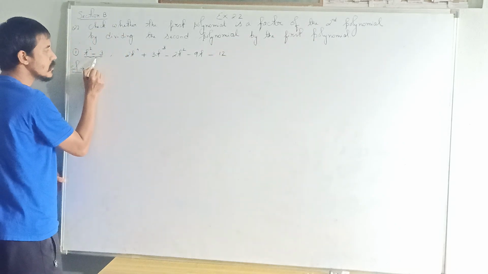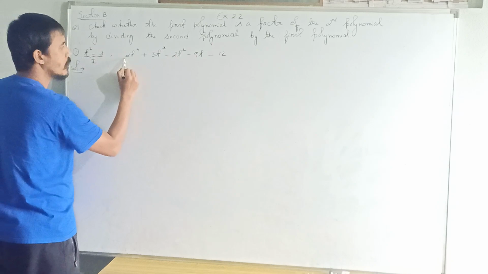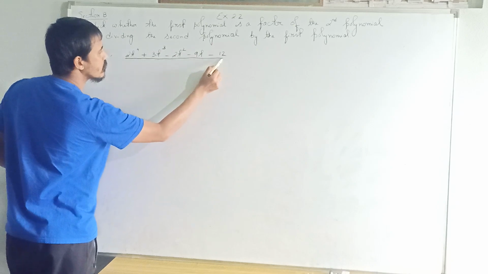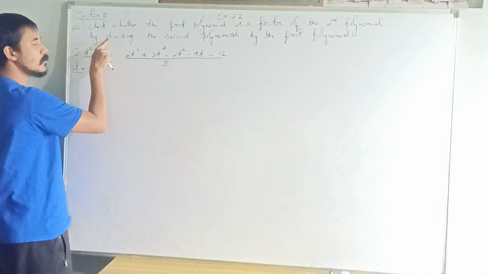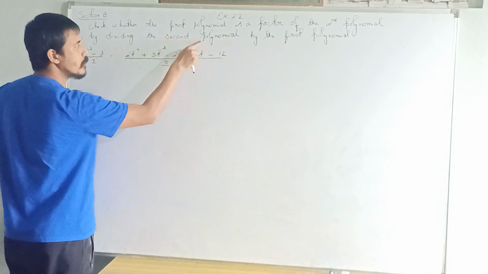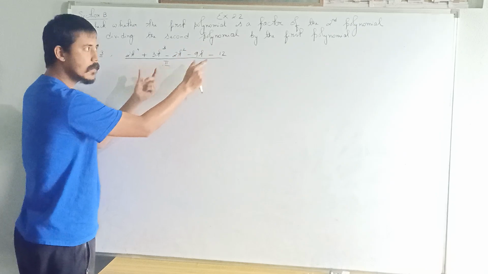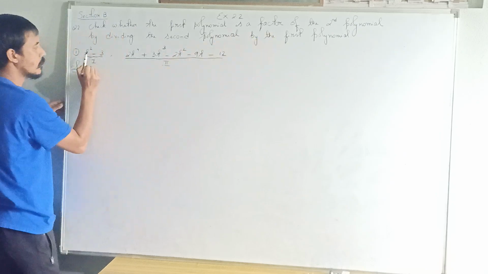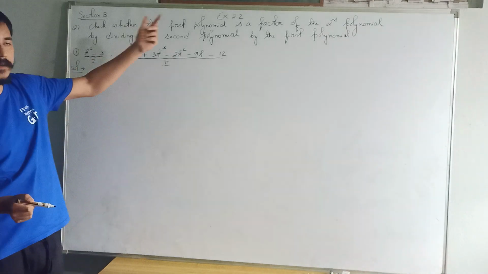So this is your first polynomial, t square minus 3, and this is your second given polynomial. So the question says we need to divide the second polynomial by the first polynomial. And we need to check whether it is a factor or not.